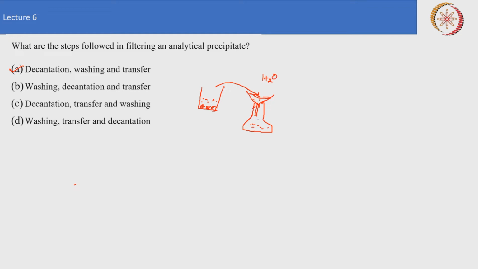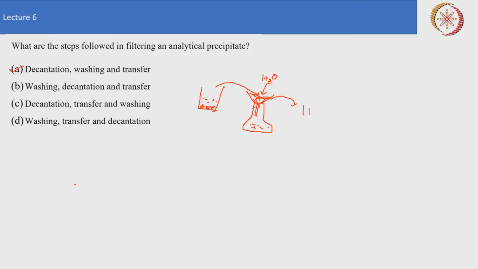So if you want to remove some impurity which is soluble, suppose it is insoluble in water, which is there with your solid sample or precipitate, then you can wash it after that. Whatever liquid is absorbed on your precipitate will be washed, and then you can transfer this solid sample to some vial.